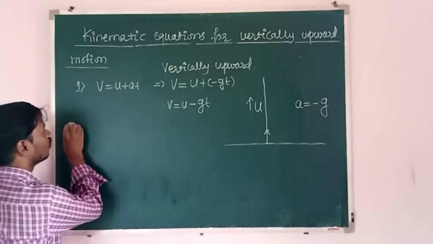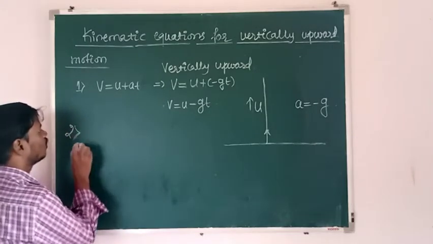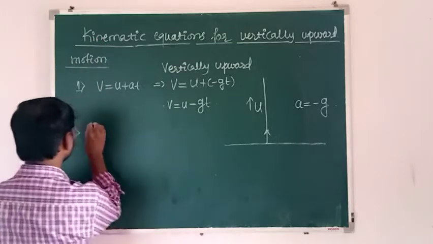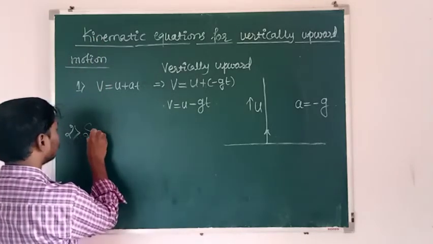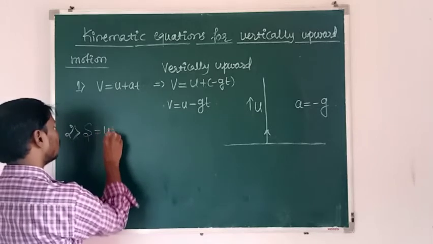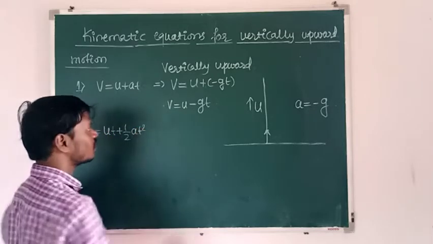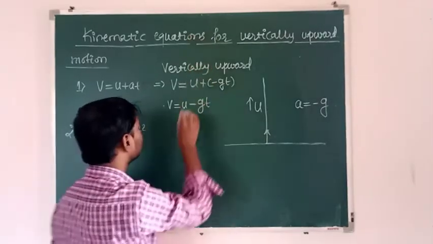Then next, second one. Distance traveled by the body in vertically upward motion. By using the second kinematic equation, S is equal to u into t plus 1 by 2 at square. Then what about this equation in case of vertically upward motion?